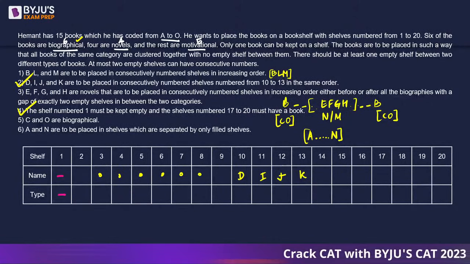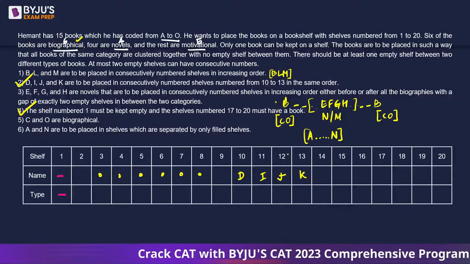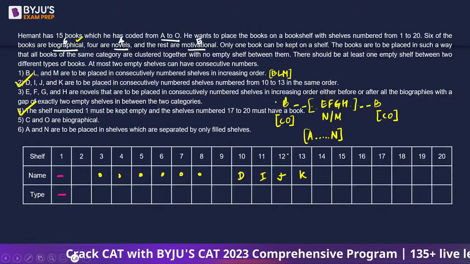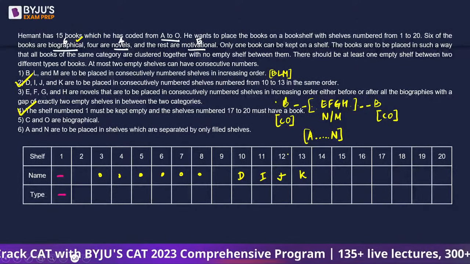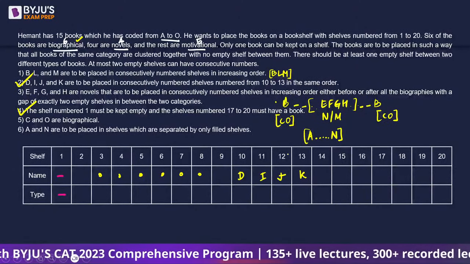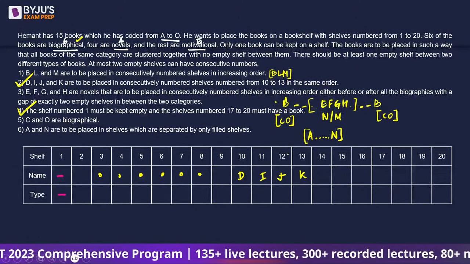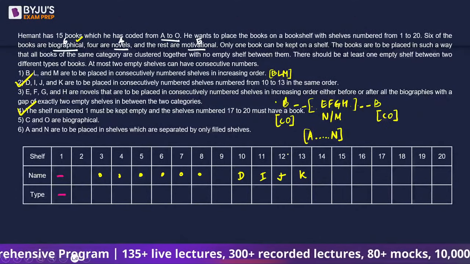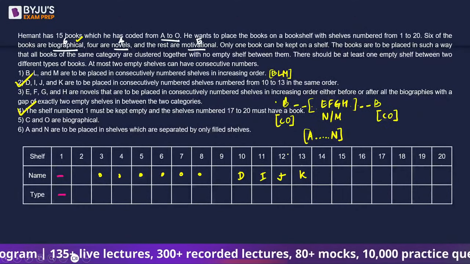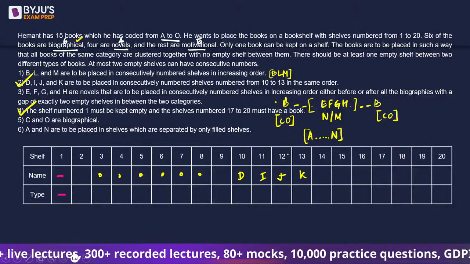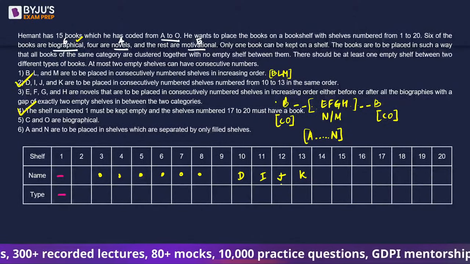If this is true, then this particular condition, third one, will not make sense because wherever you have biography related books, there are going to be exactly 2 empty shelves between the 2 categories. The one category being biography and the other one being the group from where EFGH are, right?